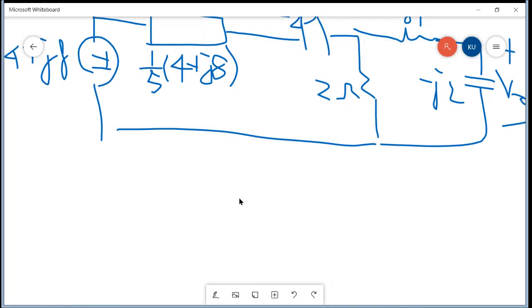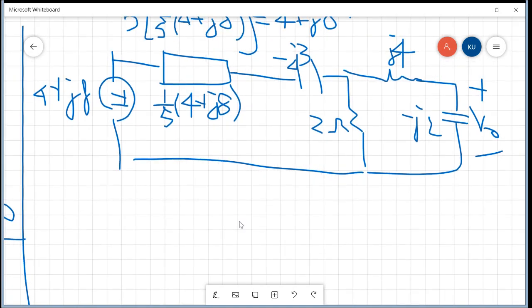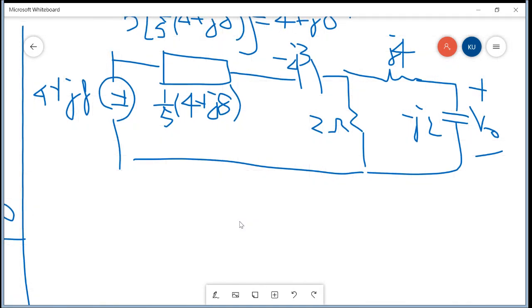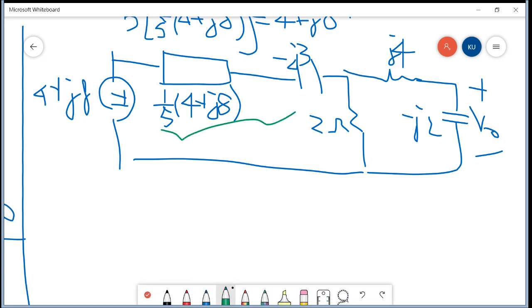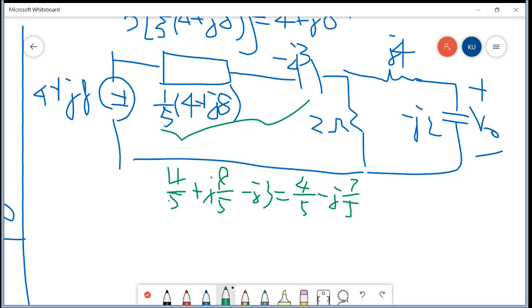So let's continue. So actually these two are in series, and it would be 4/5 plus J8/5 minus J3, which will be 4/5 minus J7/5.